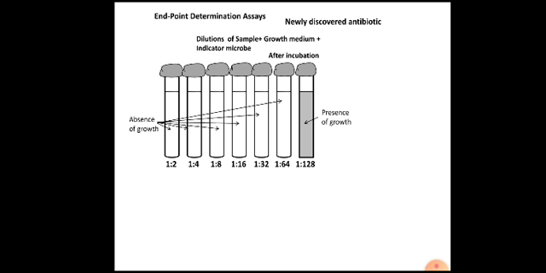So obviously wherever the antibiotic concentration is less, there will be presence of growth. In this pattern we can see the last tube, 1:128, is showing presence of growth, and the rest of the tubes show absence of growth. So the highest dilution of antibiotic which is inhibiting the growth is 1:64.